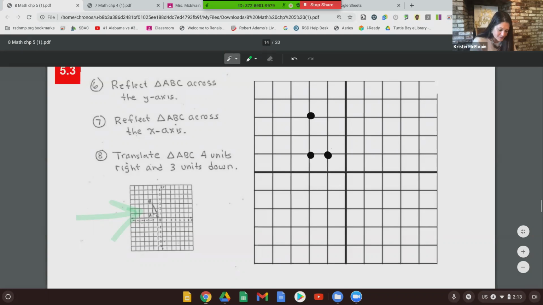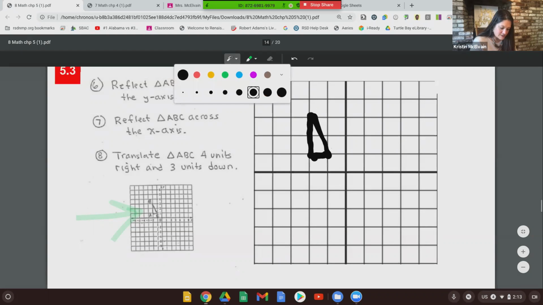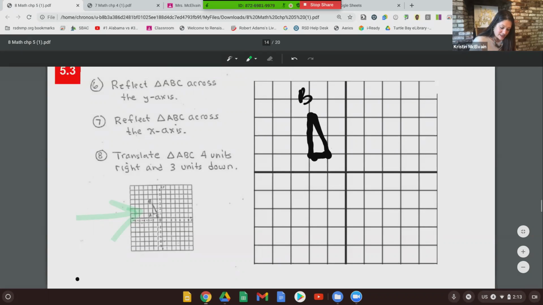Okay, so there is our triangle, I had to draw that in. There we go. Okay, and let's see if I can make this a little smaller so I can say this is B. To get these correct, you do have to have the points labeled correctly with the ABC, okay?